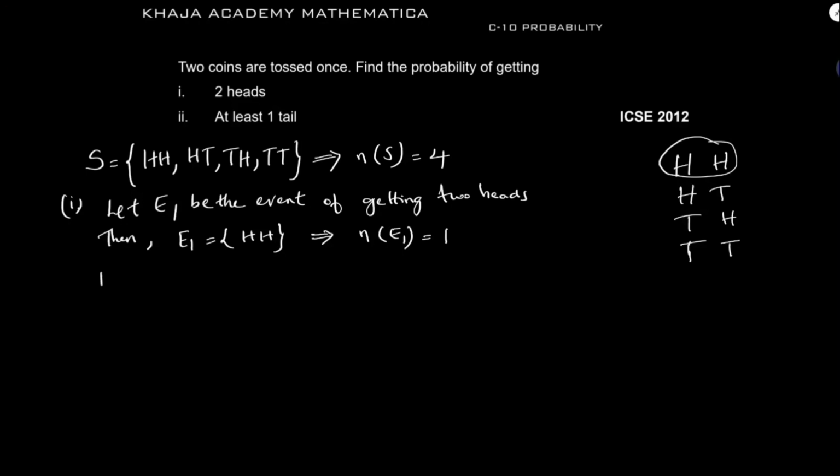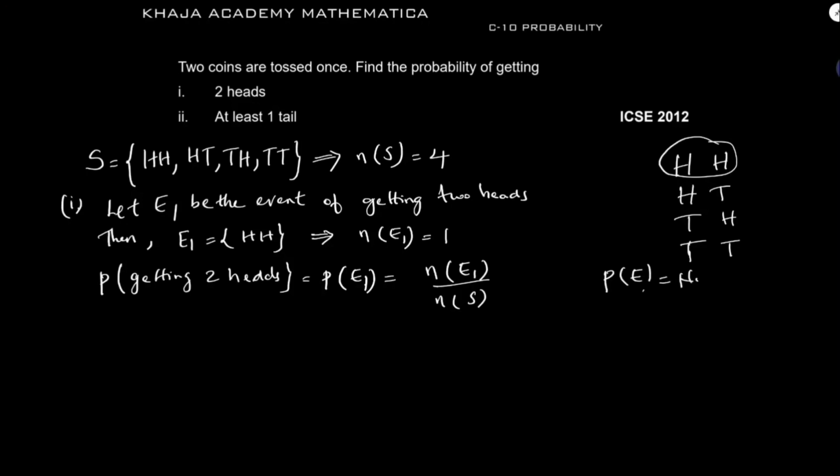So the probability of getting two heads is the probability of event E1. The probability formula is the number of favorable outcomes by the total number of outcomes. The probability of an event is the number of favorable outcomes by the total number of outcomes.